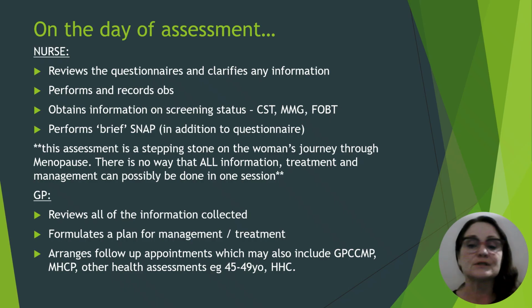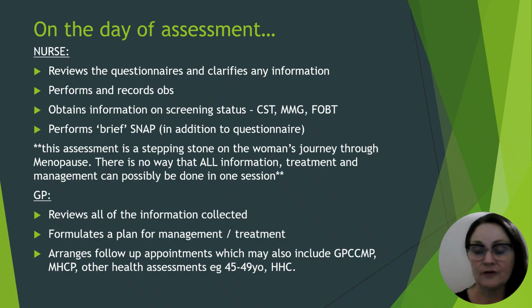So there is absolutely no reason why, if a woman is 45, they can't come in and have this perimenopausal check and then come back at another time, and we can do a fuller 45 to 49 midlife health check.